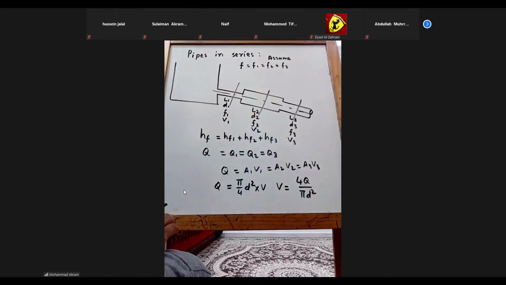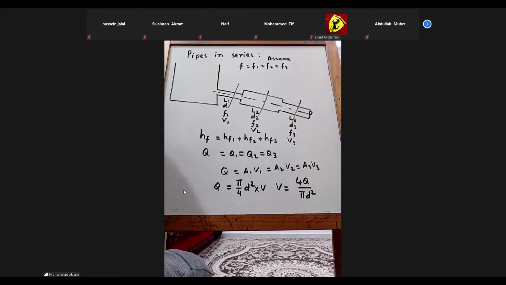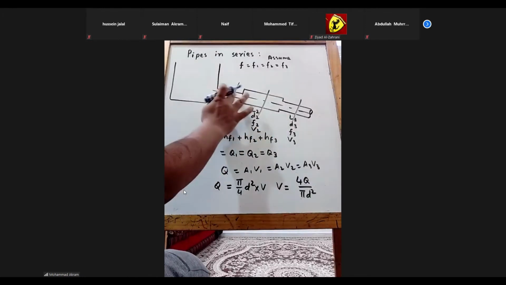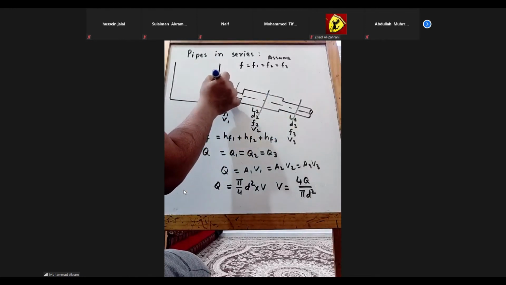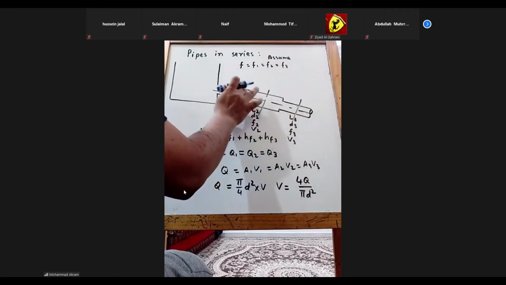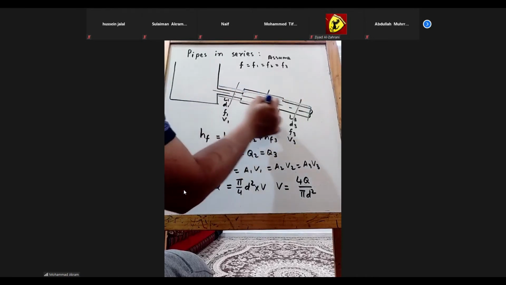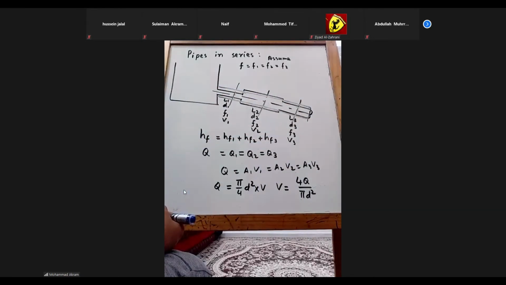So considering f1 equals f2 equals f3, what can we write? What I want to do: my aim is to get a pipe of a diameter such that instead of three different pipes of three different sizes, I want one pipe which will give me the same discharge and the same total loss.